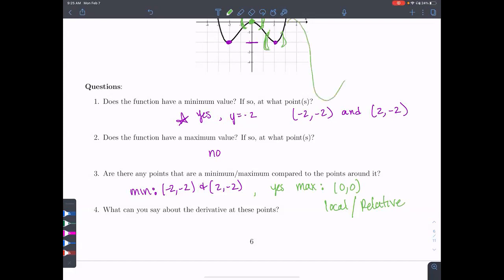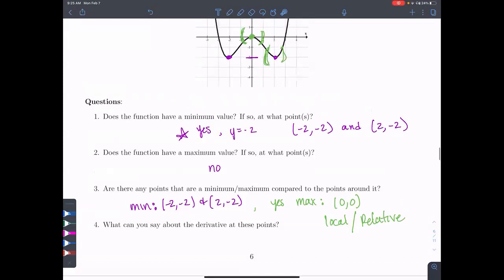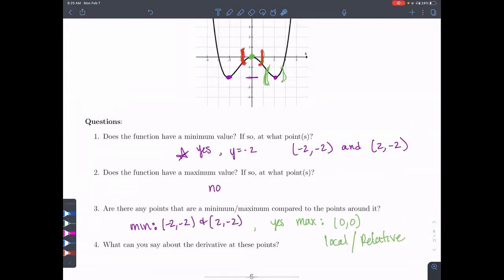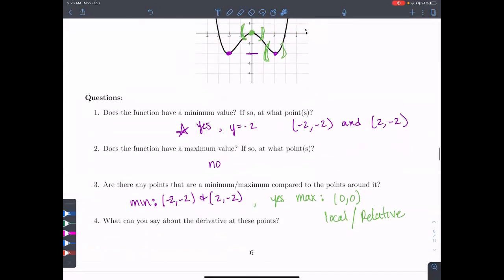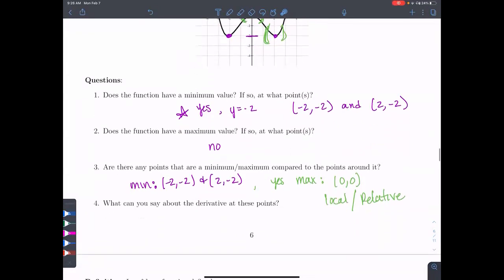Like this could go way down here, I don't know. Regardless of that, this is a minimum compared to the points right around it. This is a maximum no matter what's happening up here. If I zoom in on this point, I have no idea what's going on over here. This looks like a maximum, and so we're going to call it a local or a relative maximum.